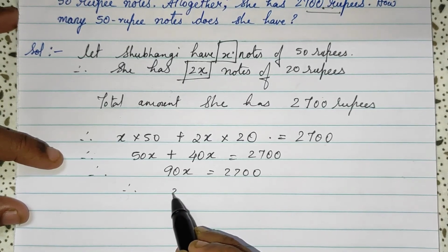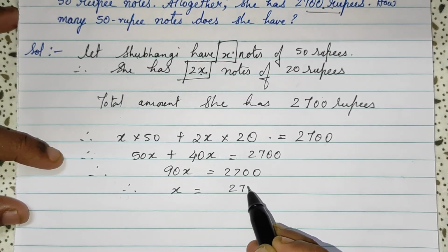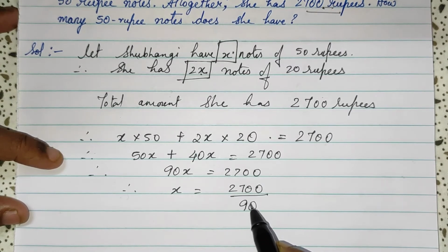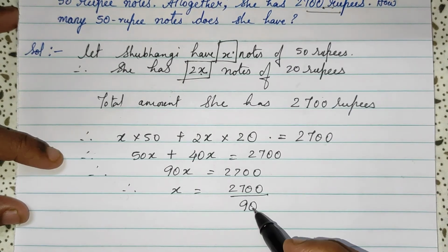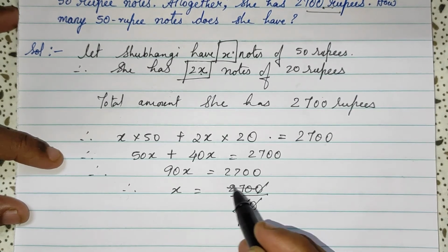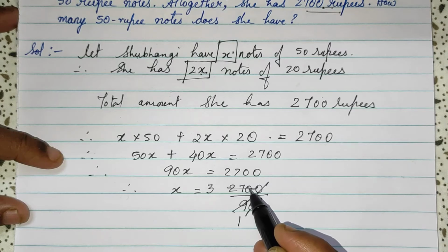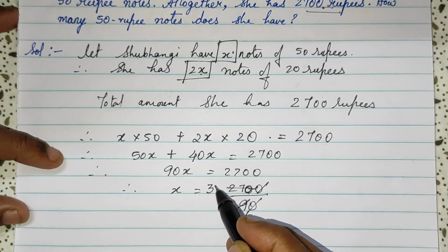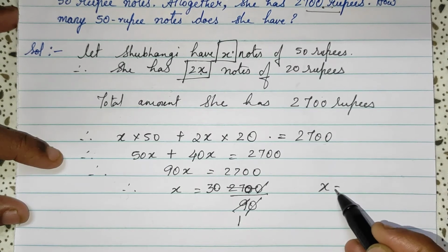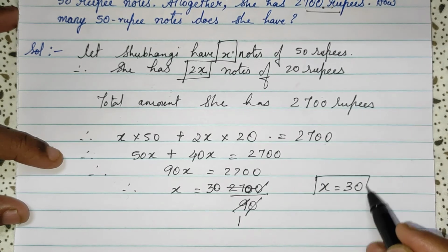90x equals 2700. This 90 will come here at the bottom and it will get divided. 0 and 0 cancel, 9 ones are 9, 9 threes are 27 and this 0 is left. So 9 zeros are 0. x equals 30.